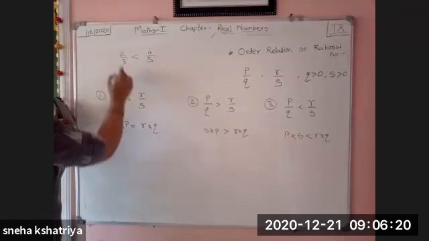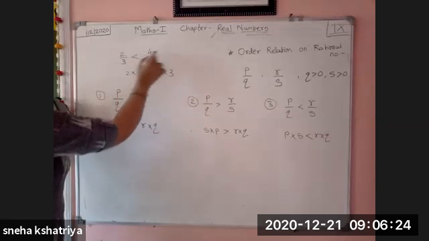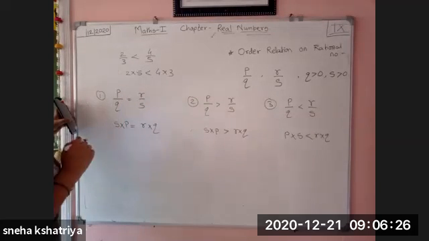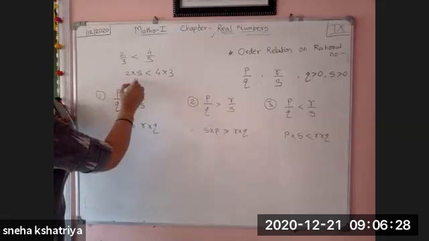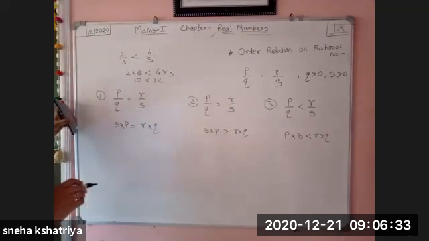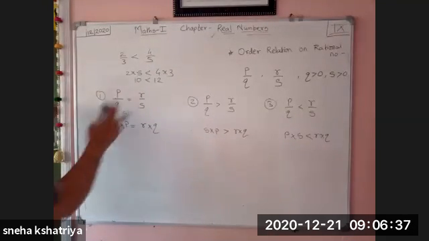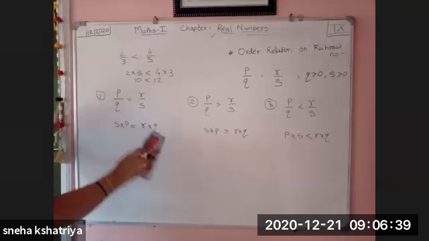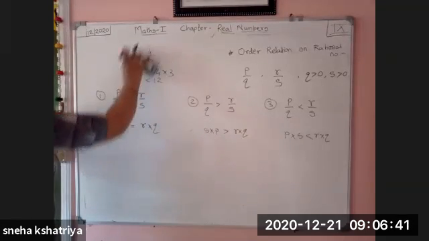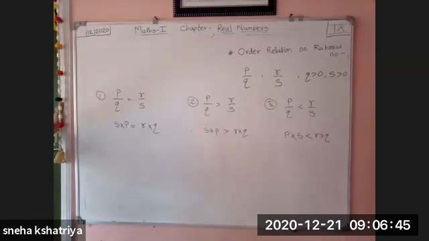See here, if you multiply 2 into 5 and 4 into 3, this 3 multiplies to 4, this 5 multiplies to 2. 5 2s are 10, and 4 3s are 12. So 12 is greater than 10. So it satisfies in these two. Is equal to is okay, but here it can also be satisfied like this. Okay, so this is the order relation on rational numbers.